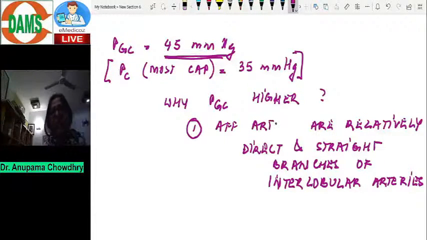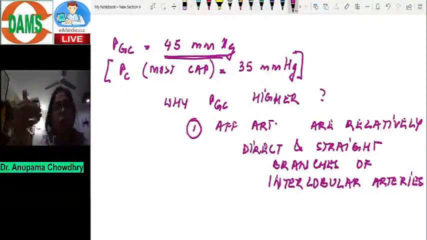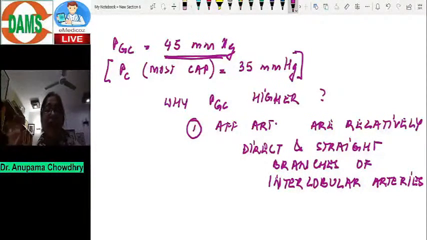These are relatively direct and straight. See, every artery will divide into smaller arteries and then yet smaller arteries and finally form the arterioles, capillaries. So the number of divisions between the interlobular arteries and the glomerular capillaries is much less. So pressure in the afferent arteriole, and therefore the hydrostatic pressure in the glomerular capillaries, is higher than in the capillaries of other tissues.